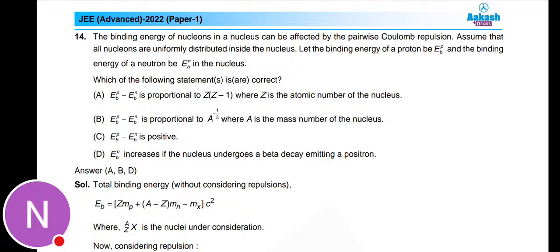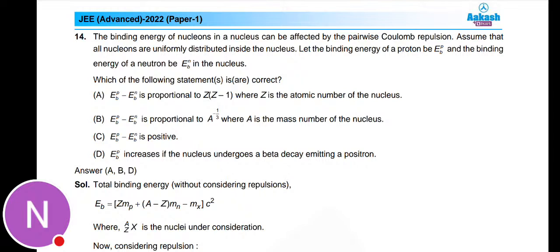Which of the following statements are correct, they have asked. That is, EBP minus EBN is proportional to Z into Z minus 1, where Z is the atomic number of the nucleus, or EBP minus EBN is proportional to A to the power minus 1 by 3, where A is the mass number of the nucleus.